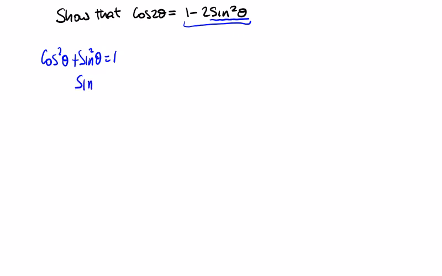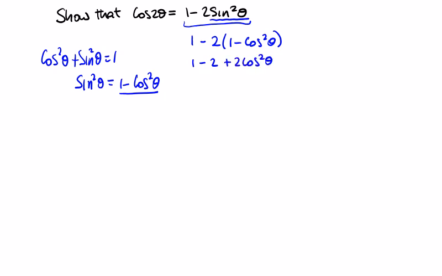So sine squared theta is equal to 1 minus cos squared theta. What happens if we put that in? 1 minus twice this, 1 minus cos squared theta. If we multiply that out, we're going to get 1 minus 2 plus 2 cos squared theta, which is minus 1 plus 2 cos squared theta.